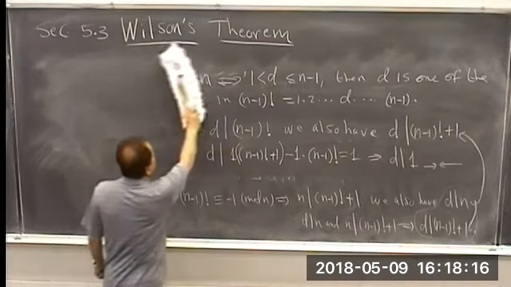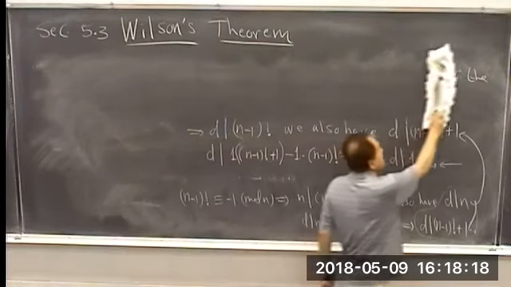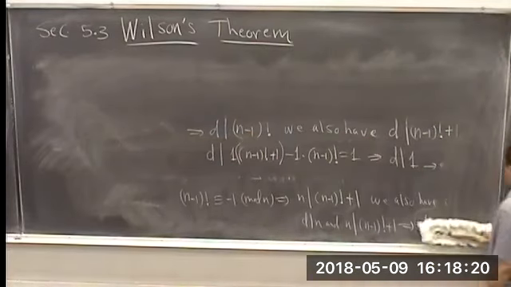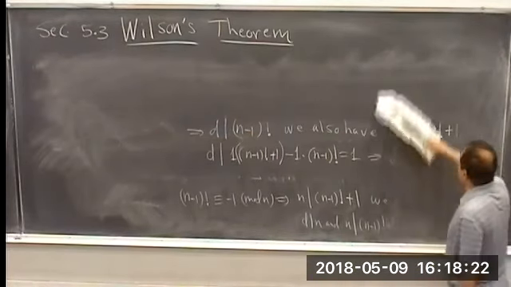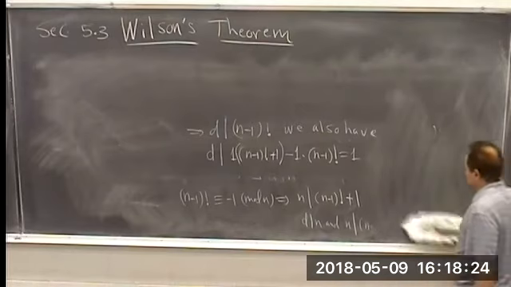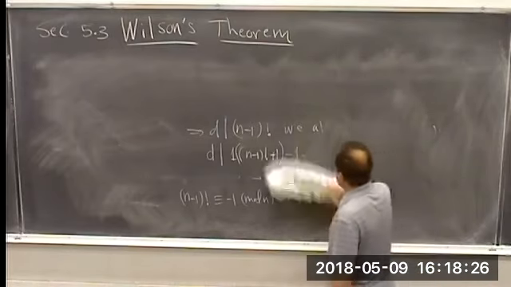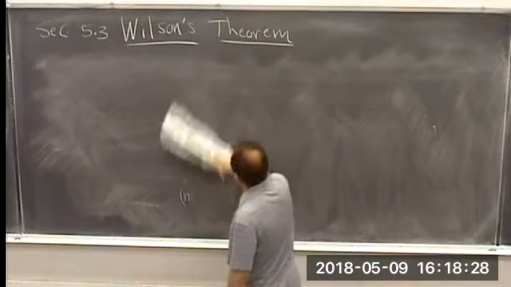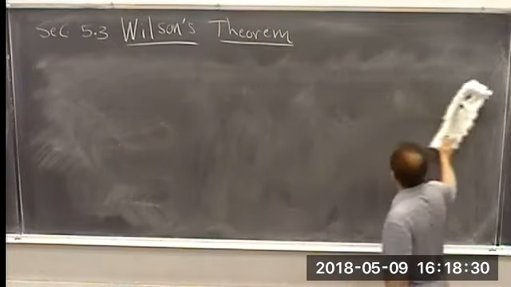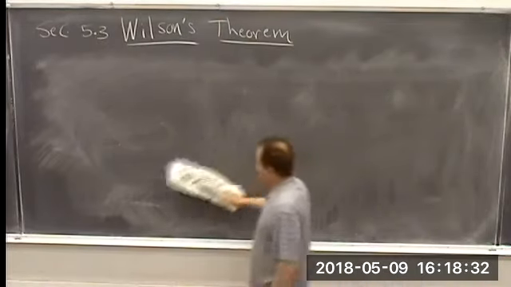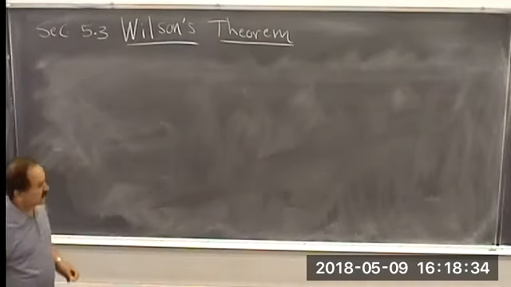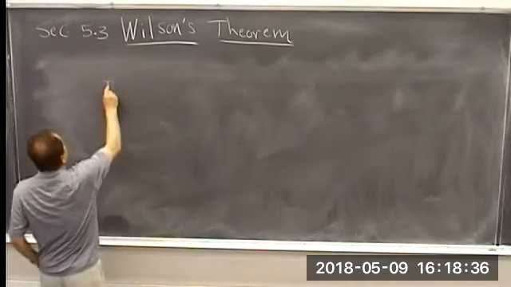All right. Wilson's theorem together with its converse provides a necessary and sufficient condition for an integer to be a prime. So we could state this in one theorem to reflect this fact.